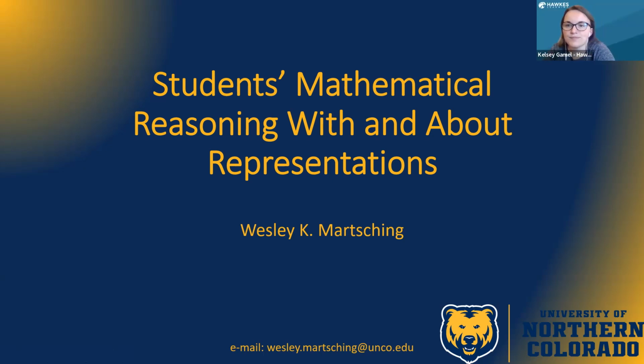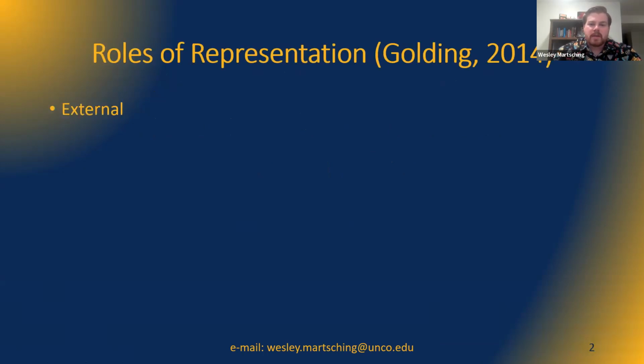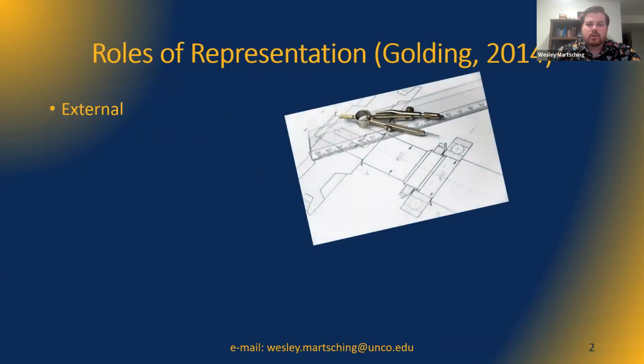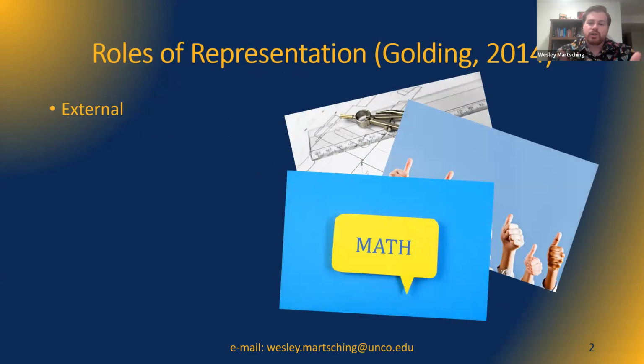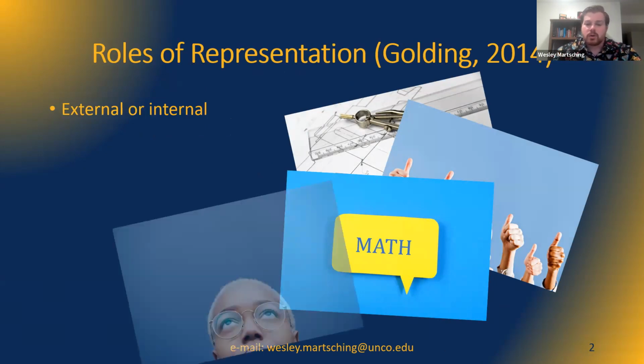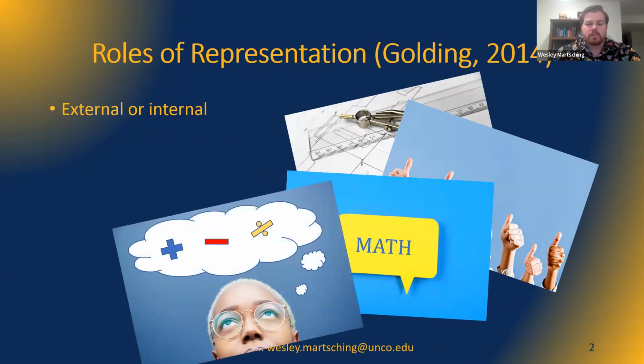I will be talking about my study that looked at students' mathematical reasoning with and about representations in undergraduate mathematics. In the mathematics education literature, representations can be external to the individual, so our gestures, what we say, what we write. They can be internal, so our internal representations, our cognitive constructs.